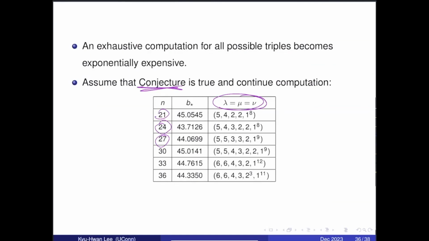So with that condition, we can compute further. Then the values of B star are here. We can compute the value of B star under the conjecture. Again, there is a small fluctuation, and the size of the fluctuation seems to be decreasing. The values are around 44.5.